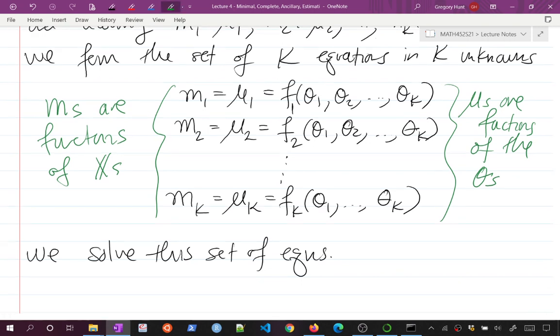So here my unknowns are going to be, I guess you could look at it either way, couldn't you? I guess you would say the thetas here would be the unknowns. You know what the x's are.